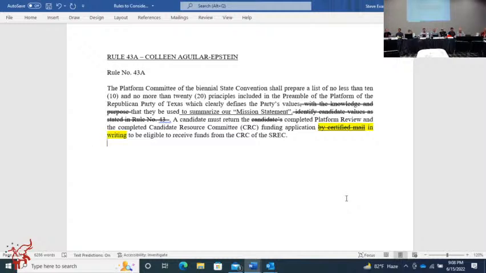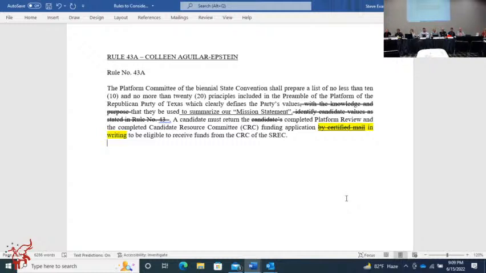Then why wasn't it added at that time? I remember it being in there. Did you strike it and put it back in? No. The form says, sent in by certified mail.